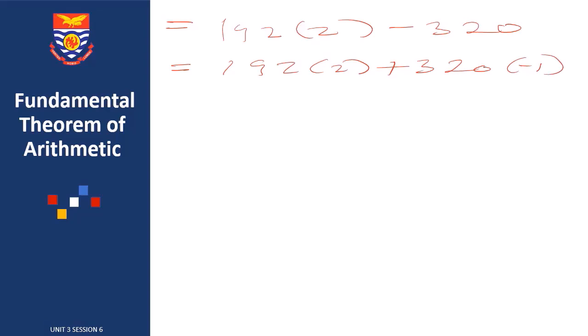Now let's go to equation 1. 192 will be 512 minus 320 times 1. I think we agree to that.